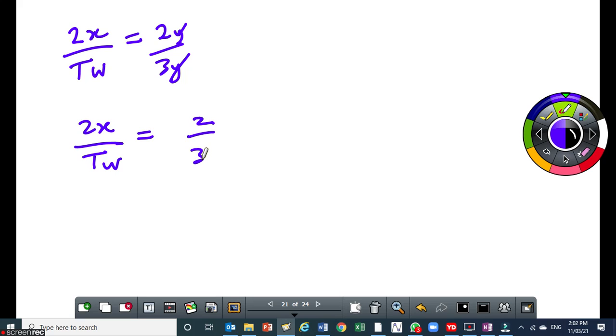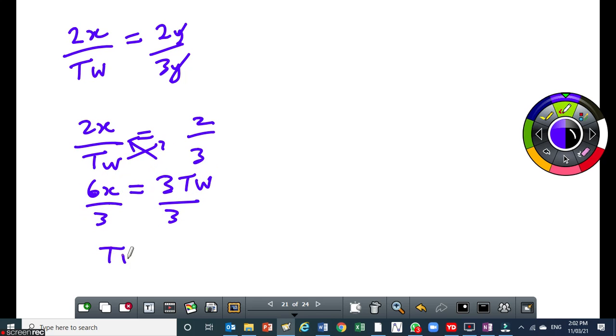I want you to be aware that TW is going to be in terms of x because PT is in terms of x. So you cross multiply there, you get 6x equal to 3TW. Then you divide both sides by 3. So your TW is going to be equal to 2x.